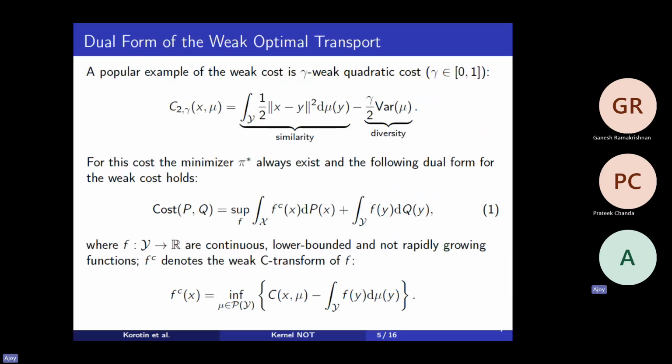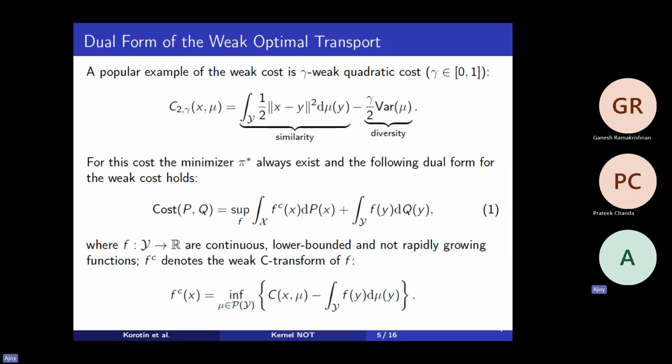We are now focusing on the weak cost function itself. In the dual formulation, Shresth has already shown there are two components. One is that you want to minimize the direct distance between x and the distribution to which x is mapped, the expected distance.